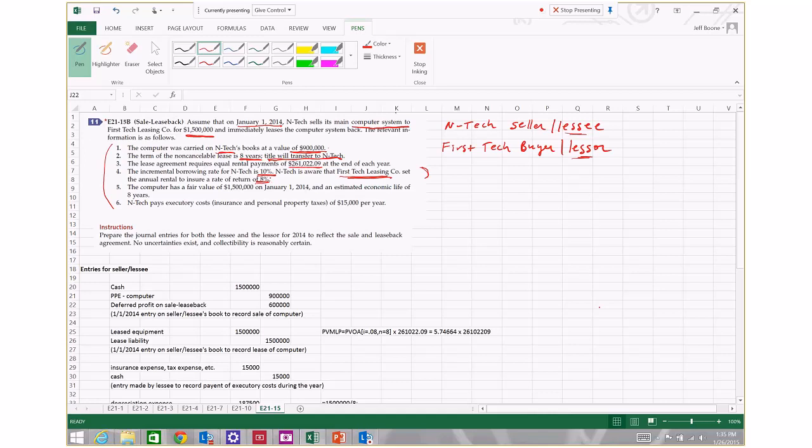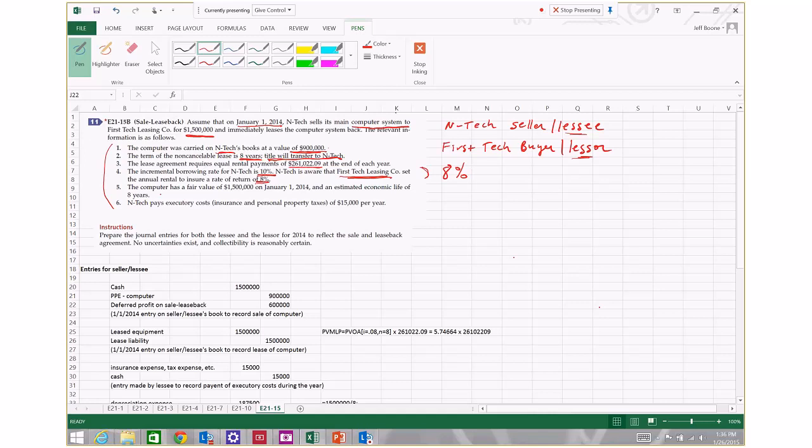So in this particular instance, in doing the present value calculations, the lessee, Intech, is going to use the 8% implicit rate of the lessor, because that rate is less than their own incremental borrowing rate of 10%, and they know what that lessor's implicit rate is.